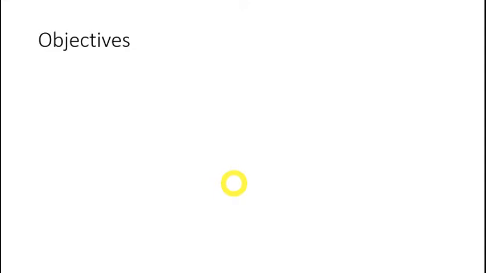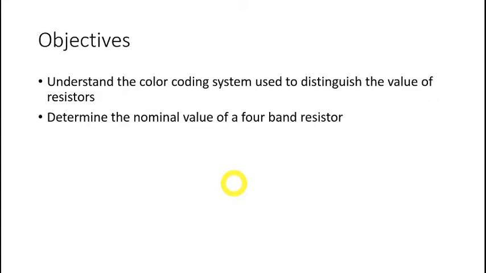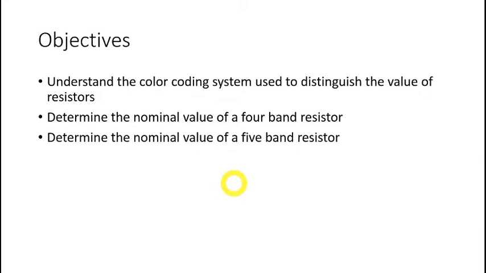So in this lesson, we have some objectives. The first is to understand that color coding system that I talked about and distinguish the value of the resistors based on that color coding system. Determine the nominal value of a 4-band resistor and determine the nominal value of a 5-band resistor.